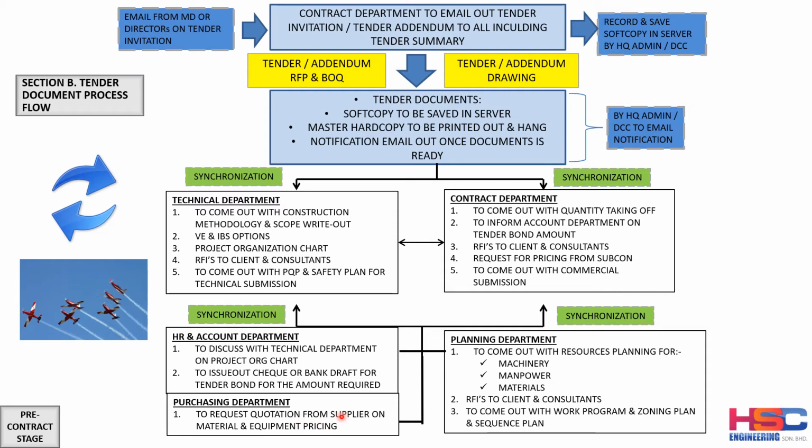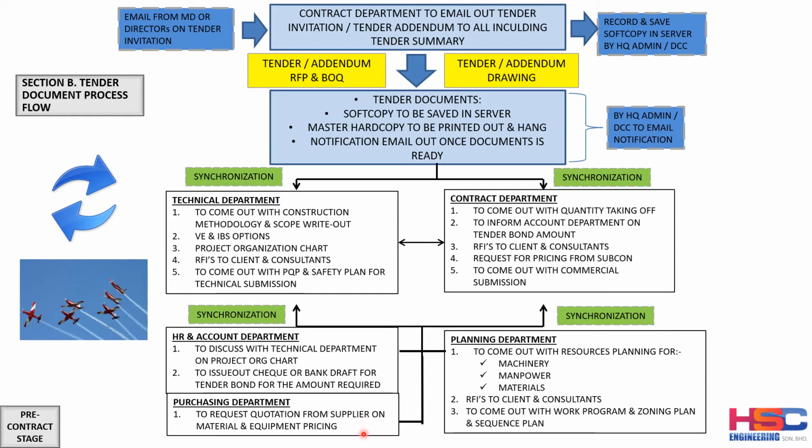And the purchasing department, if they already have the data in their archive, in their operational process asset, they can just take from there and feedback to the contract department. What is the pricing, for example, for a backhoe, or what is the day rate or the monthly rate for the excavator?